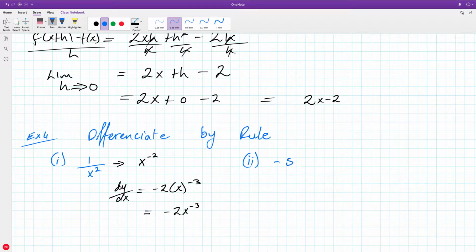Differentiate this for me. Minus 5x squared.